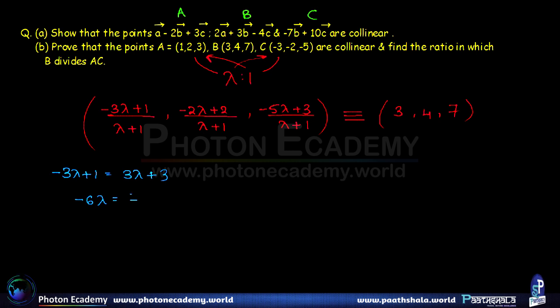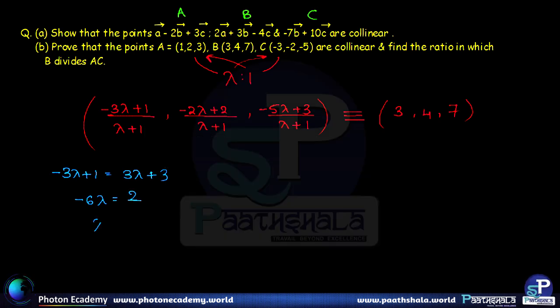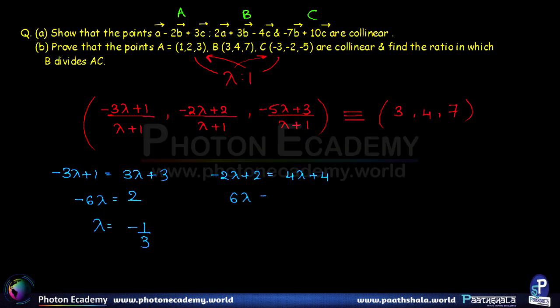So lambda is equal to minus 1 by 3. Let's check for y. Minus 2 lambda plus 2 is equal to 4 lambda plus 4. So minus 6 lambda is equal to 2. So again we are getting minus 1 by 3.